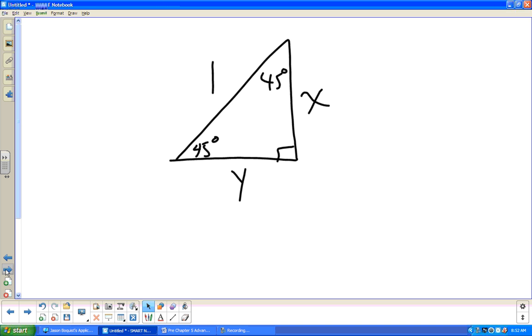The hypotenuse being 1 is going to prove to be incredibly important. Again, I want exact answers, simplest form.